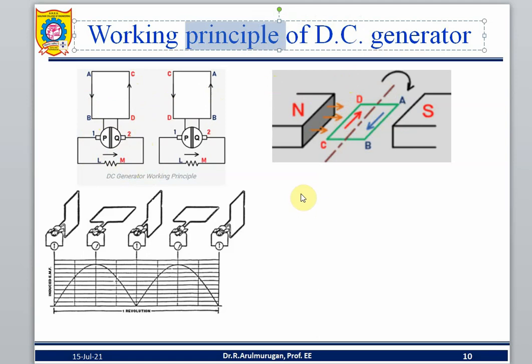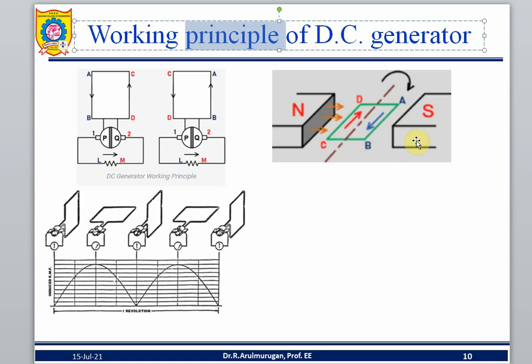Here there are two parts: one is the armature coil, and the other is the field coil. Next question: in DC machines, which coil is stationary, constant or fixed?